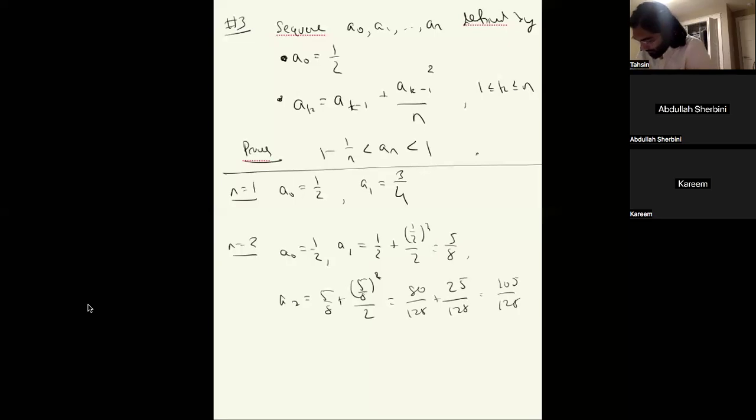Maybe one observation is, if what we're trying to show is true, then this sequence a0 through an is an increasing sequence that is bounded between 0 and 1.